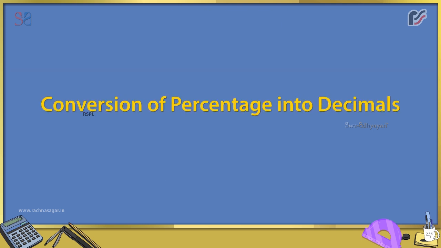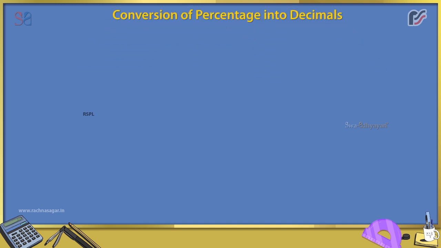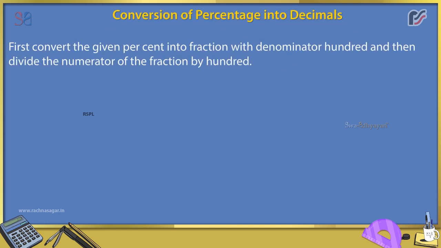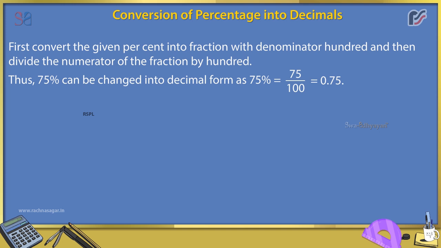Conversion of percentage into decimals. First, convert the given percent into fraction with denominator 100 and then divide the numerator of the fraction by 100. Thus, 75% can be changed into decimal form as 75% is equal to 75 by 100, which is equal to 0.75. Example.